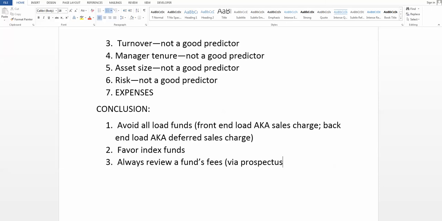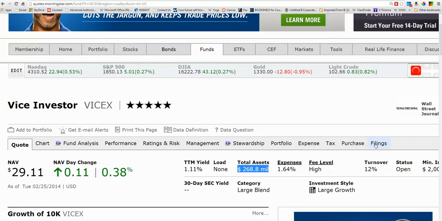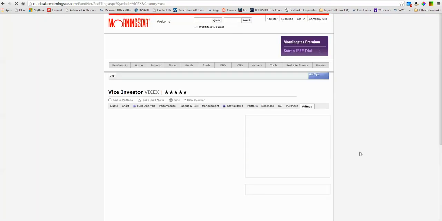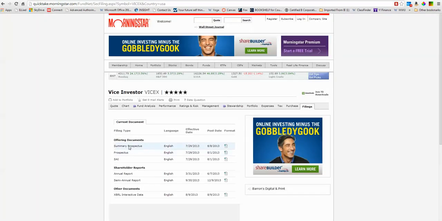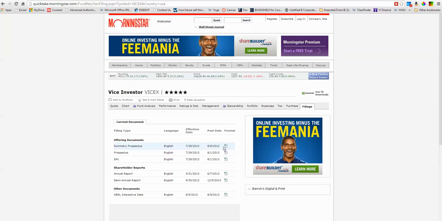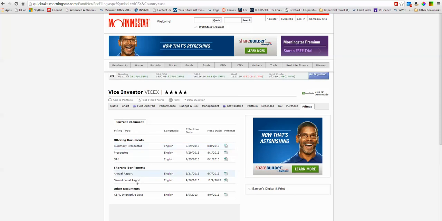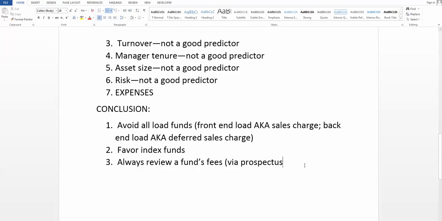If you go to filings, once you've looked up the fund's ticker, you go to filings. You can download a PDF of their prospectus right here. And if you get the summary prospectus, it's not that long, and it should list all the non-hidden fees. So just review it to make sure you are aware of what you're buying.